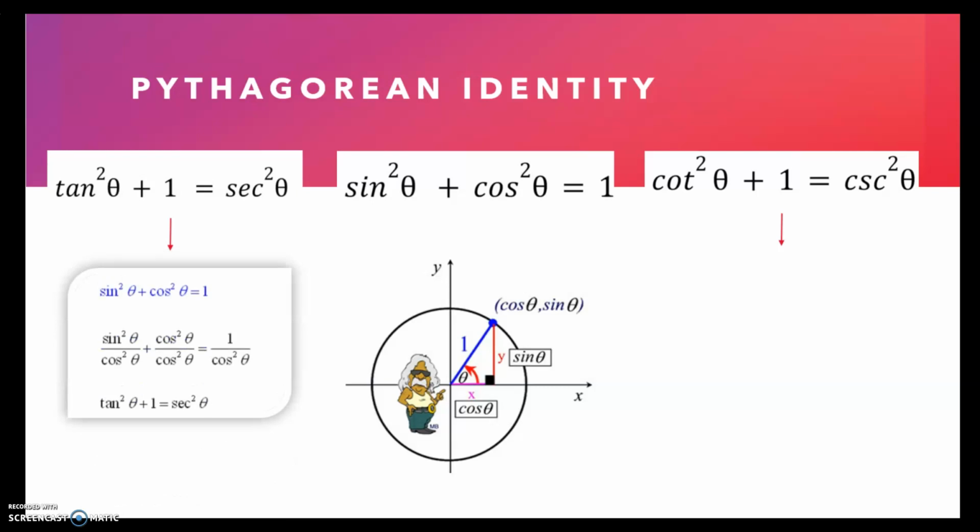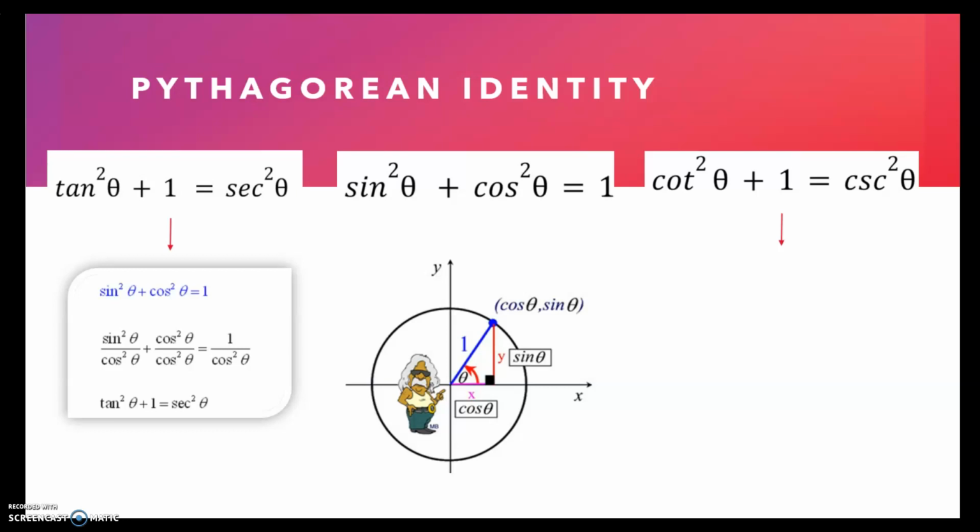To explain tangent squared of theta plus 1 equals secant squared of theta, remember that sine squared of theta plus cosine squared of theta equals 1 is fundamental to understanding this. Remember that the quotient identity of tangent is equal to sine over cosine.